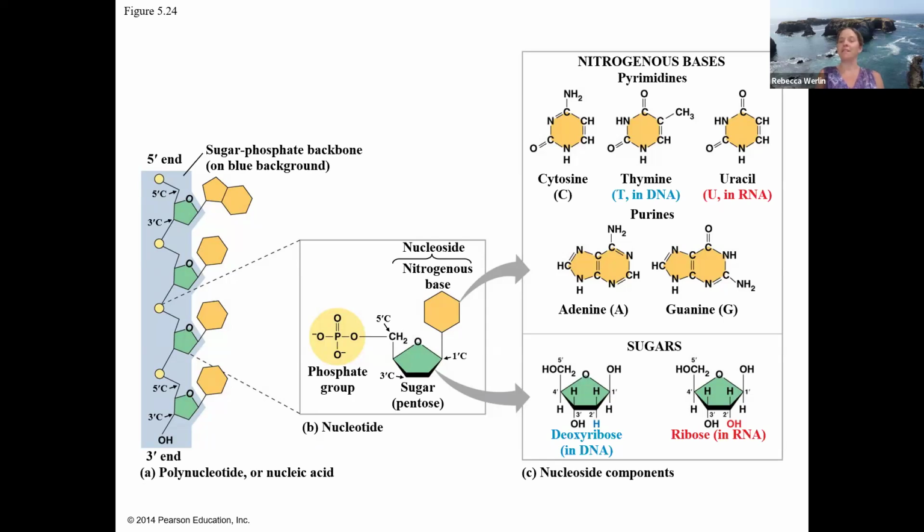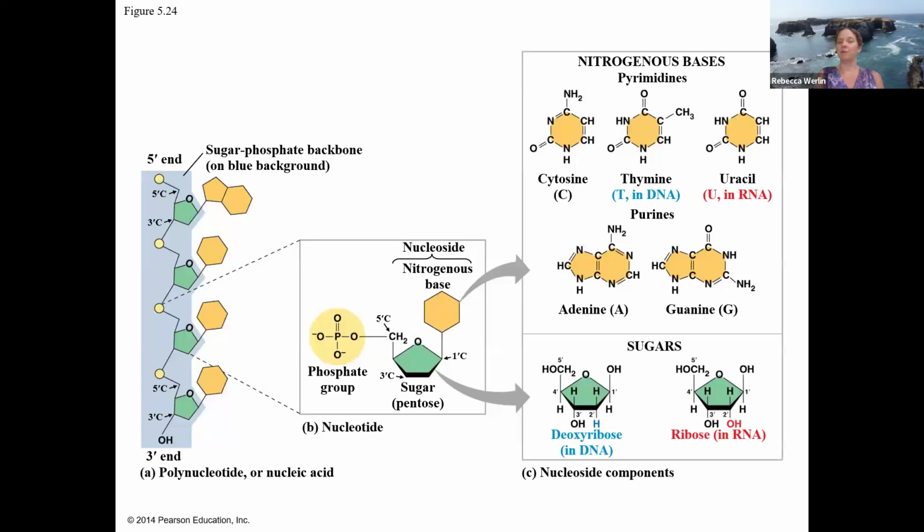If you look, you can see on the 2' carbon in DNA, there is a missing oxygen. And in the 2' carbon in RNA, there is an oxygen. So the 2' in RNA, the ribose sugar, has a hydroxyl, and the 2' carbon in deoxyribose does not have that hydroxyl group. Other really important nomenclature.